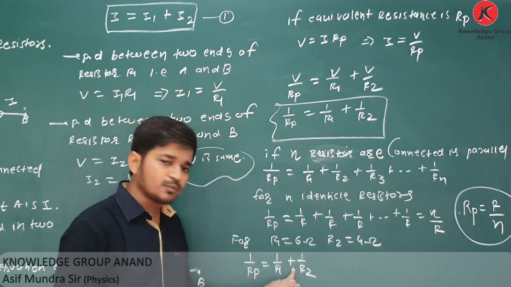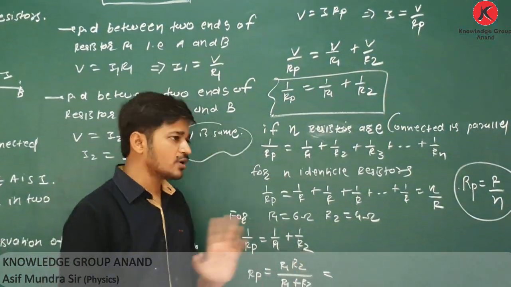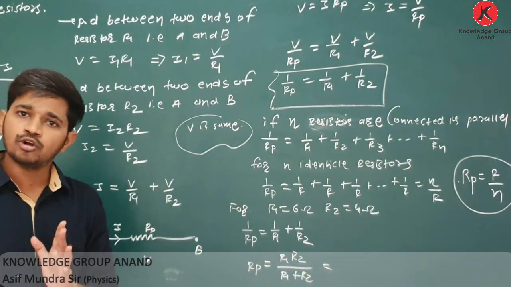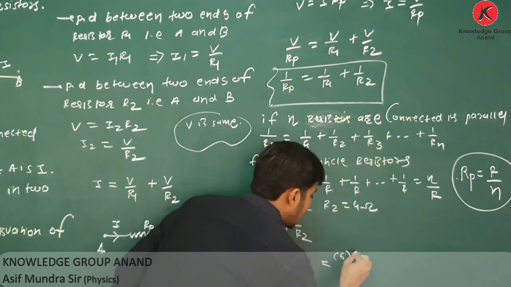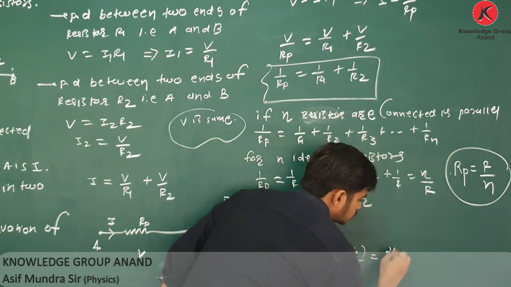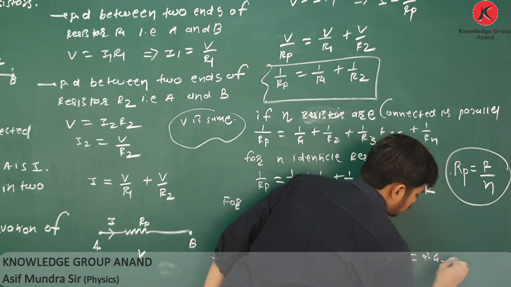If you simplify this equation, you will get this answer. R1 is 6, R2 is 4, divided by 6 plus 4. 6 into 4, 24, divided by 10 is equal to 2.4 ohm.